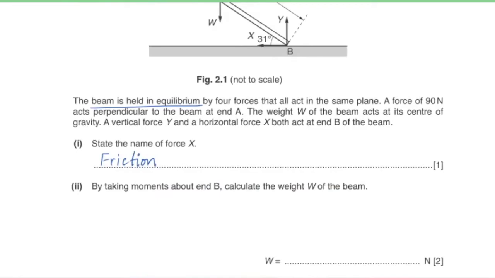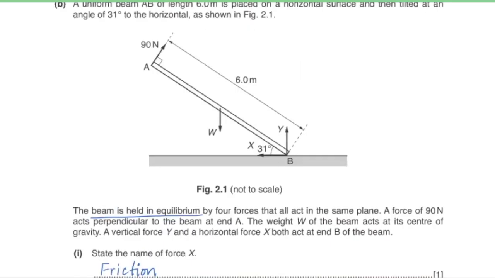Part 2, by taking moments about end B, calculate the weight W of the beam. So about point B, there is a weight that will cause anti-clockwise moment, and there is 90 newtons of force that will cause clockwise moment. So we will be ignoring both forces X and Y because the perpendicular distance between these forces and point B is 0.